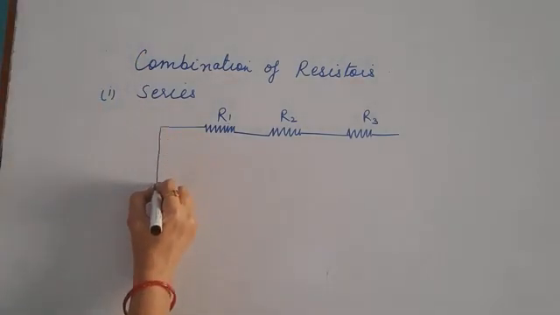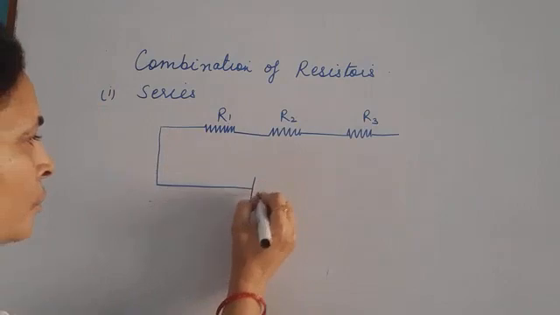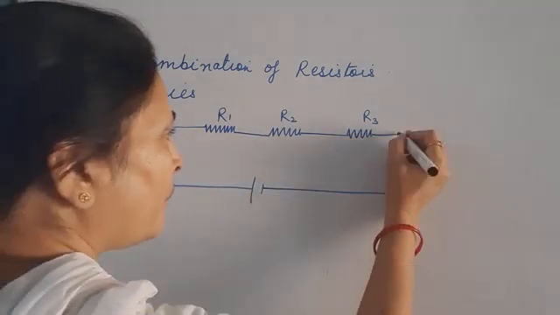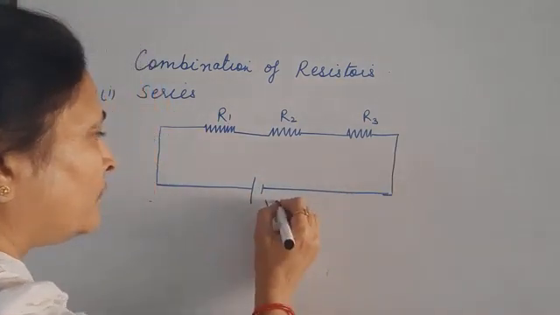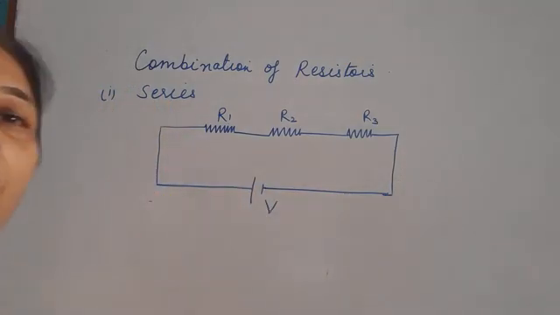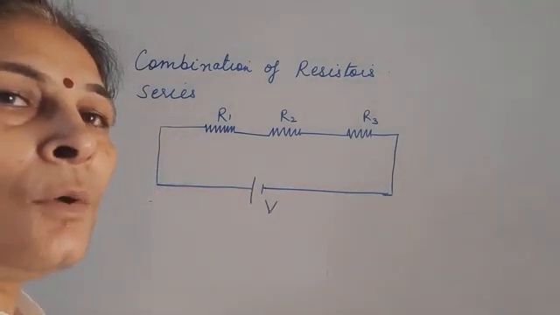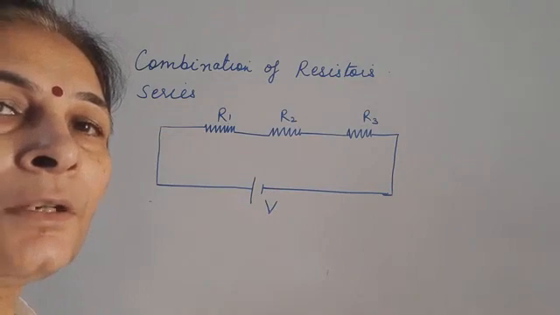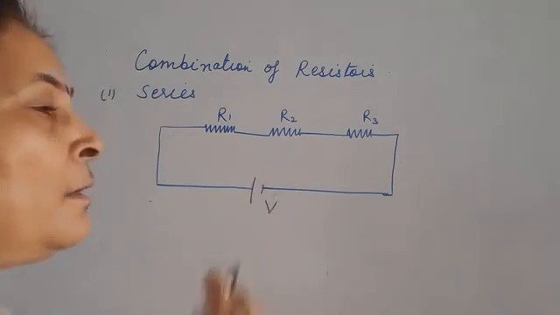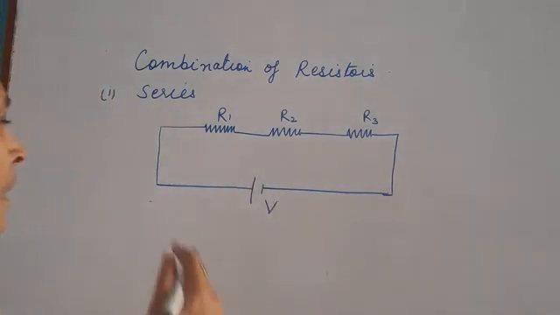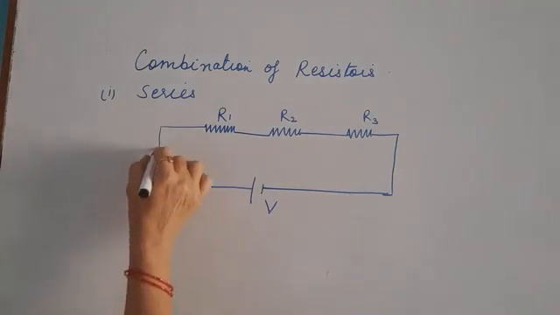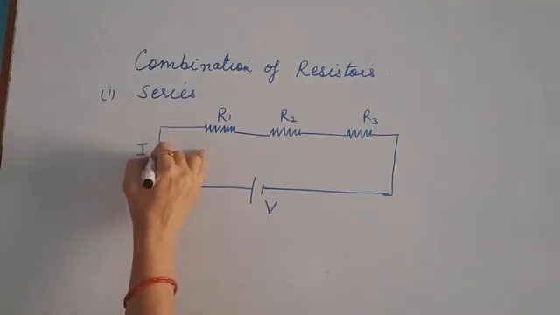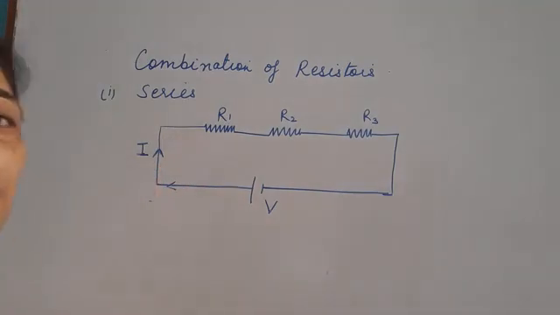Let this combination of resistors be connected to a source of potential difference, say V. As soon as the source is connected across this combination, a current, say I, will start flowing in the circuit.